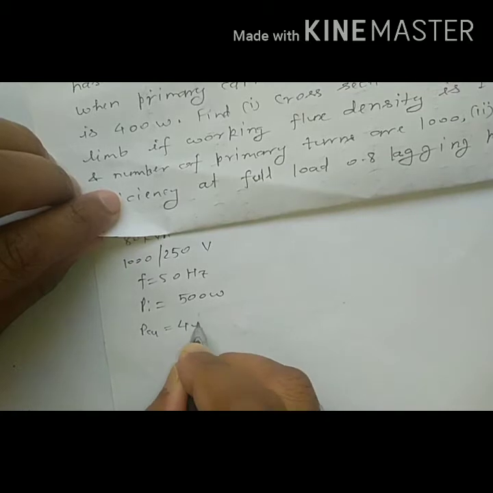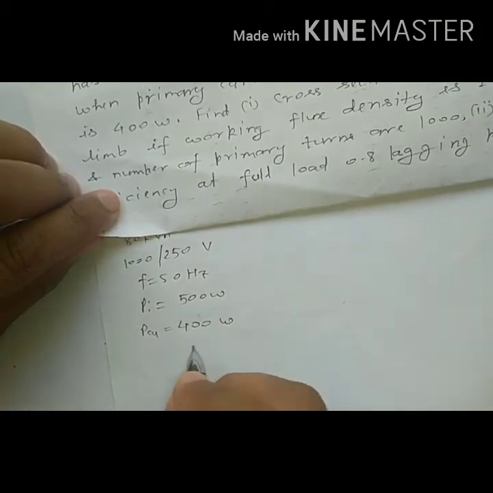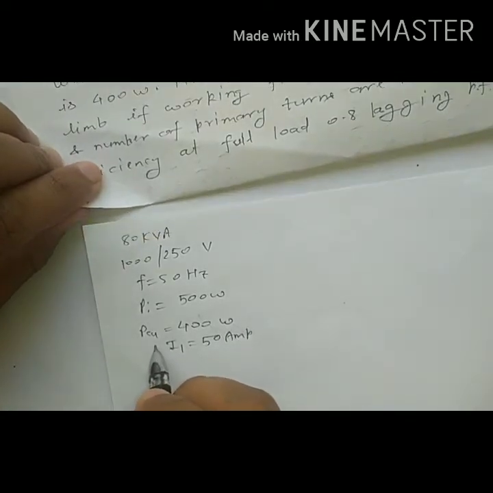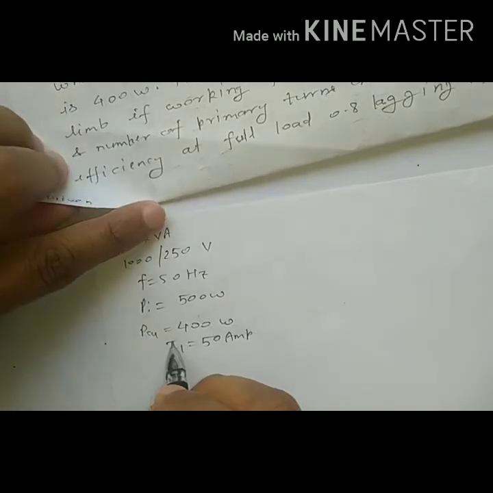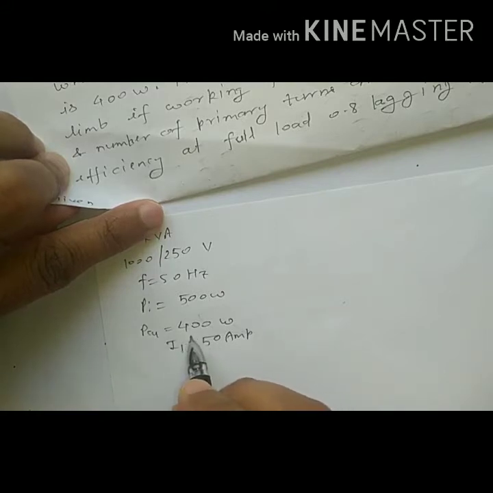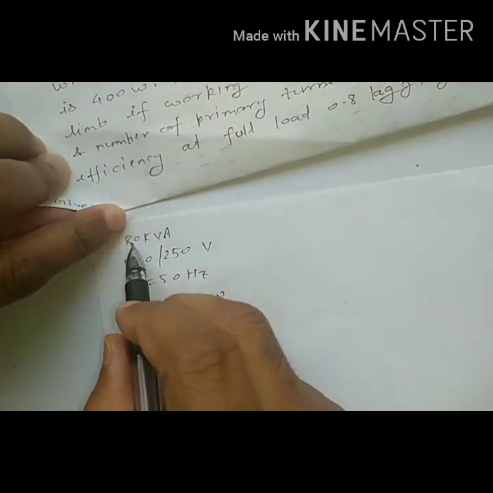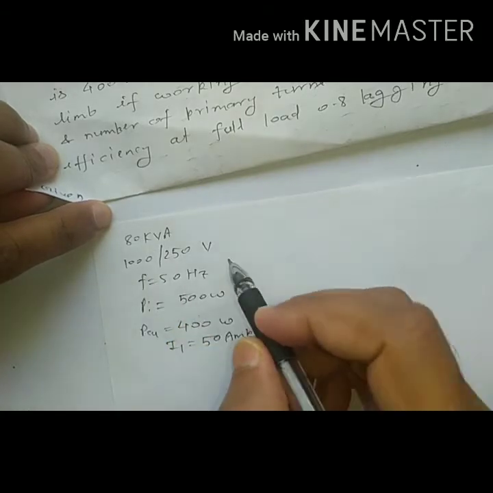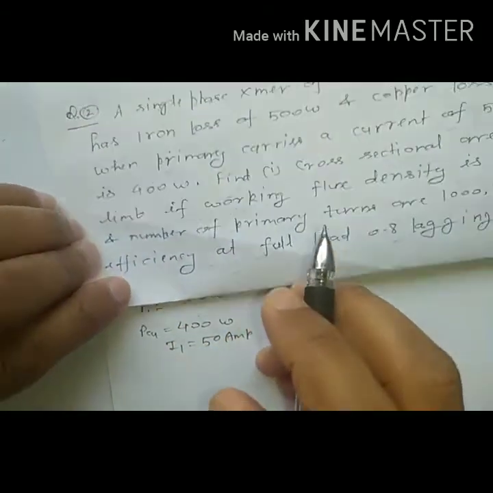Copper loss is 400 watt when I1 is 50 ampere. So it is not known whether this copper loss is full load copper loss or not, because if I1 is rated full load current, then only we can say this is full load copper loss. So rated full load current can be calculated from 80 kVA rating with 1000 by 250 volt voltage rating, right?